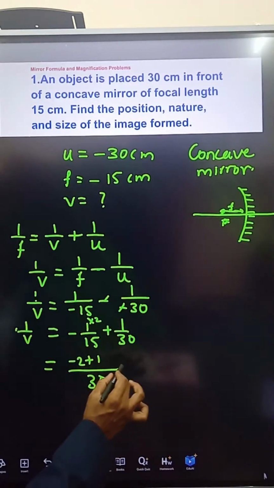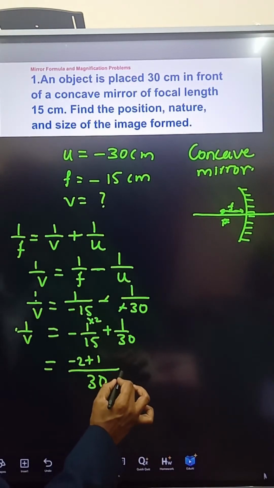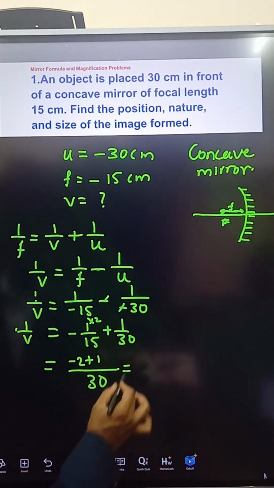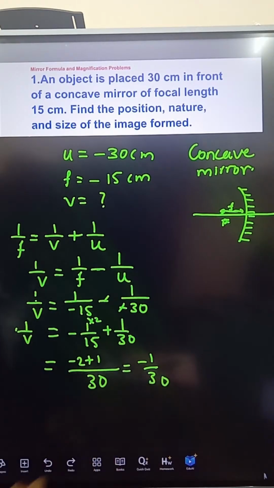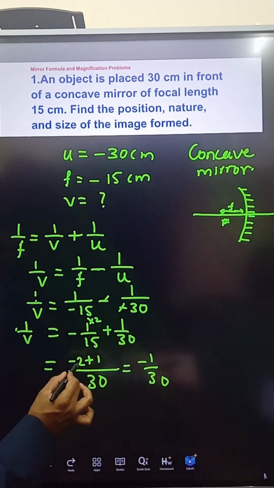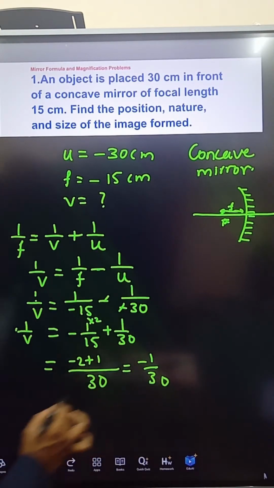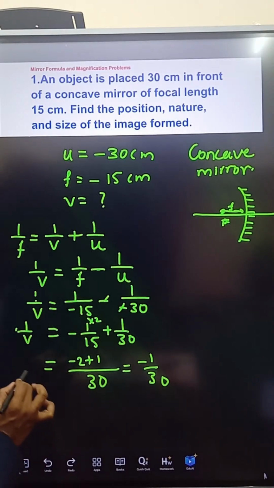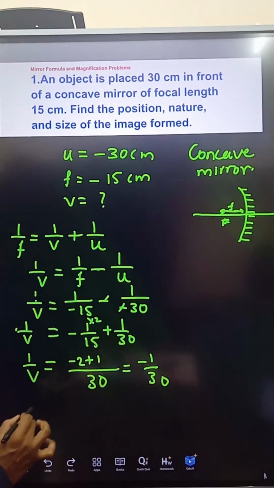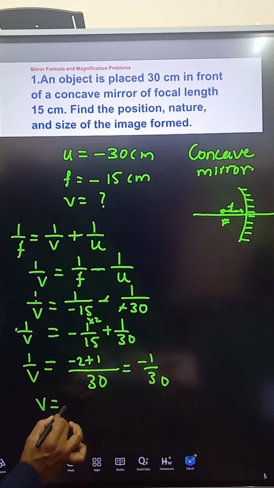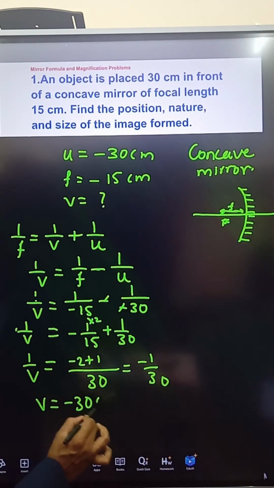So this becomes minus 1 by 30, because minus 2 plus 1 means minus 1. So 1 by v is equal to minus 1 by 30. You can take this as v is equal to minus 30 centimeter.